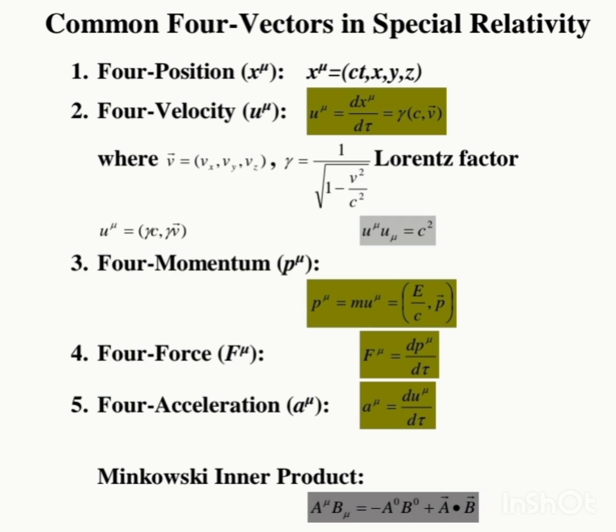Note that the time component has a negative sign. In some conventions, it might be the opposite, with the spatial components negative. This gives the space-time structure where the distance between events can be positive, zero or negative depending on the metric.